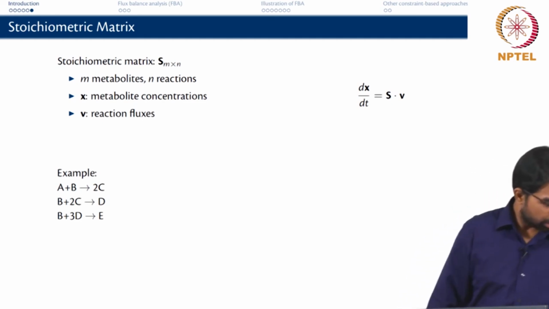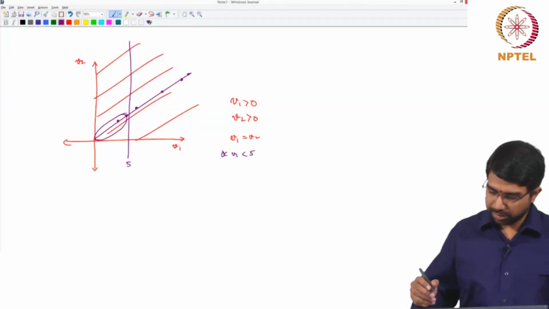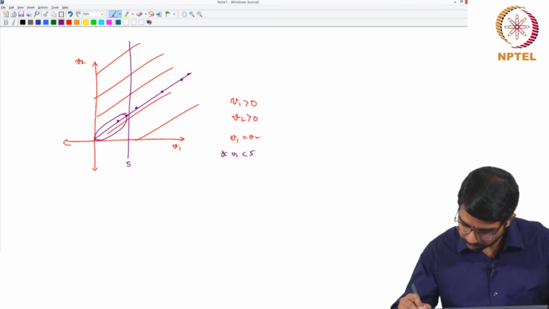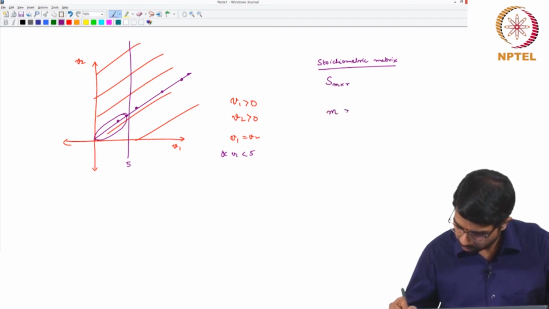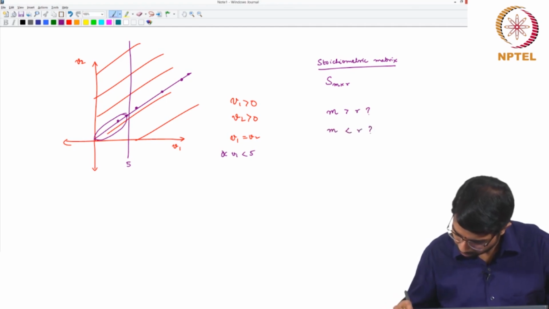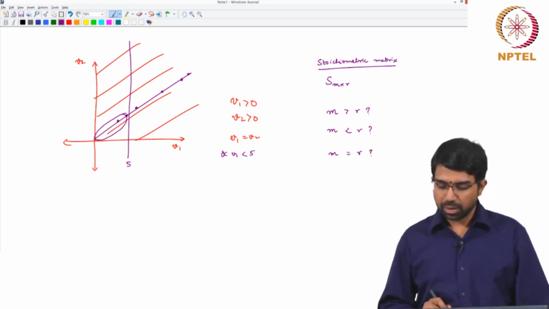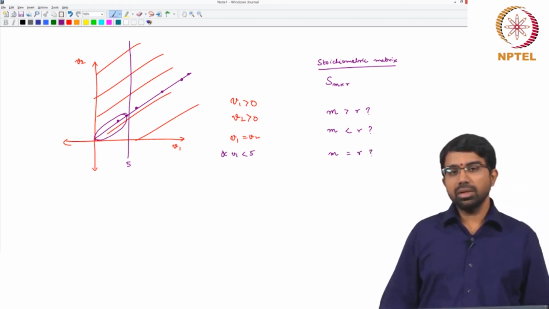So, let us just go back to the concept of the stoichiometric matrix. What do you think?